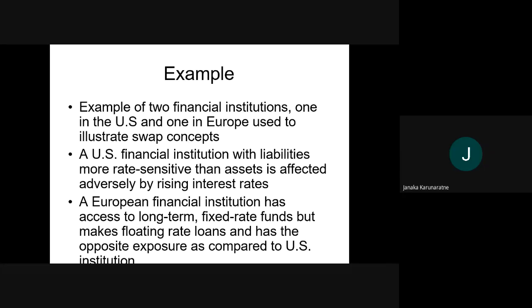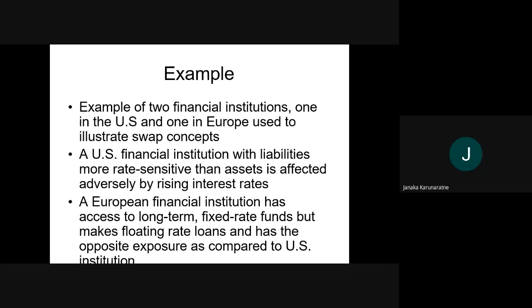Now take an example of how this swap will take place. Two financial institutions, one in the US and one in Europe, are used to illustrate swap concepts. Now, under what circumstances do two parties enter into a swap? Why does a particular financial institution or business institution enter into a swap?